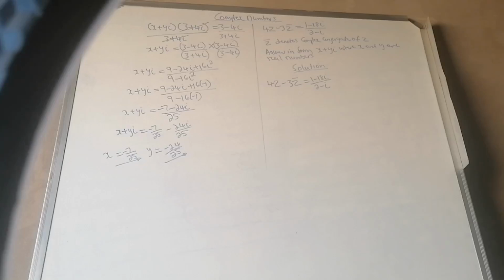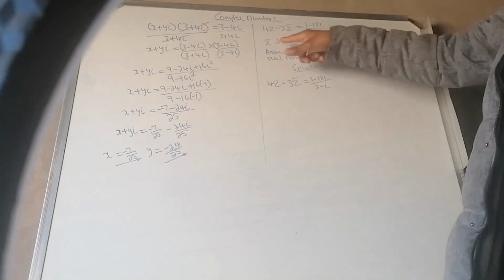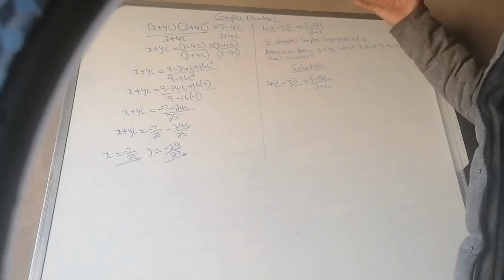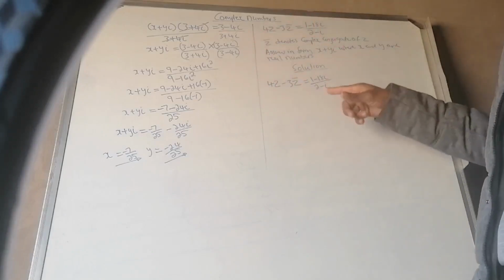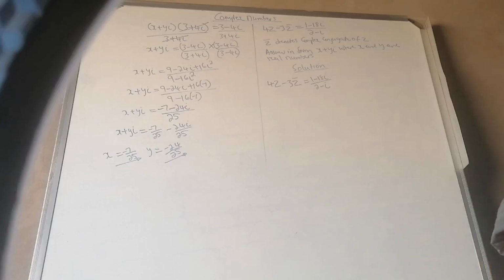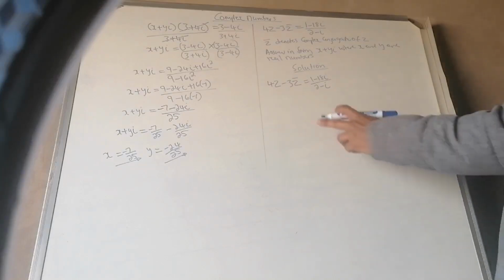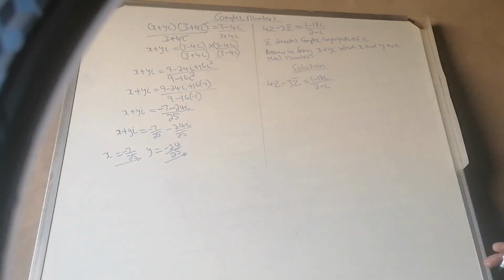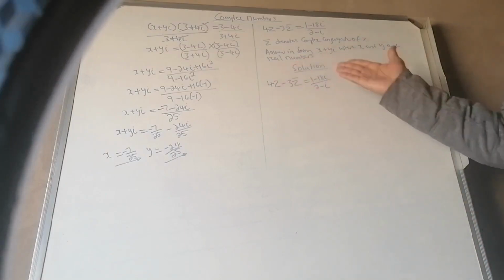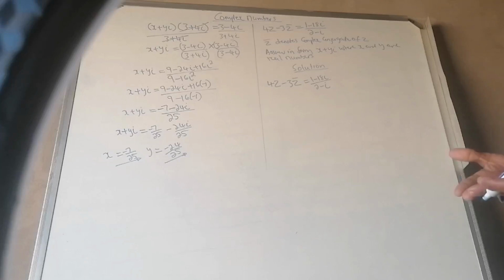This is the original problem. And I know that z-bar equals the complex conjugate of z. So I must find a way of rewriting this so that I have z, and then once I have z, I can find the conjugate of z. Now the question is, how am I going to do that?